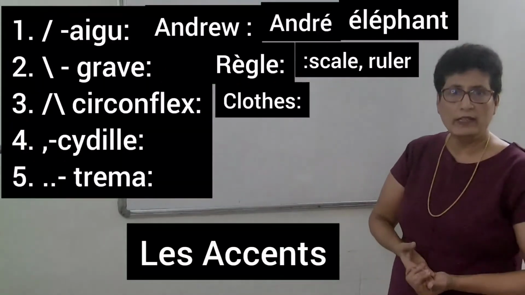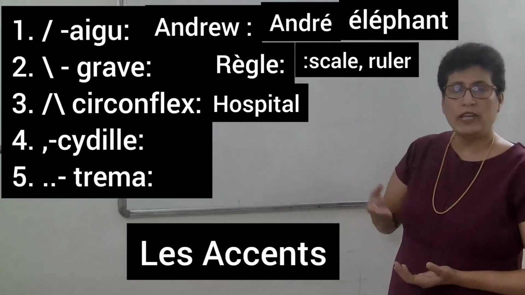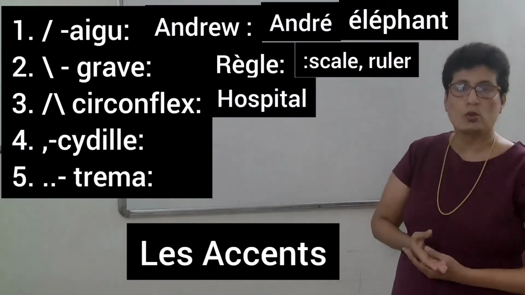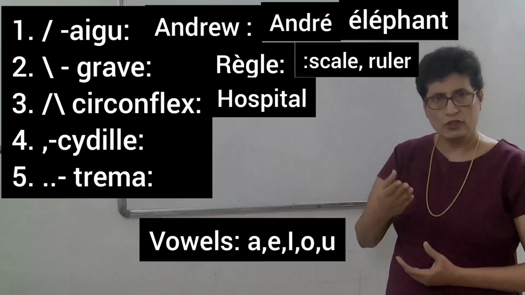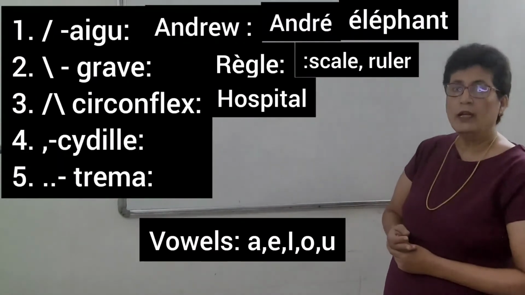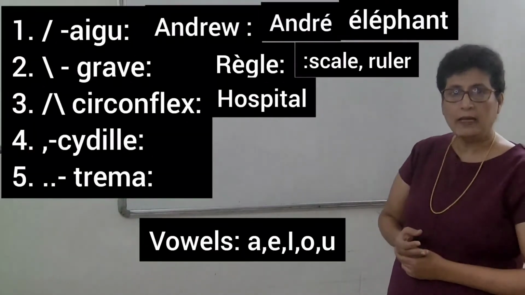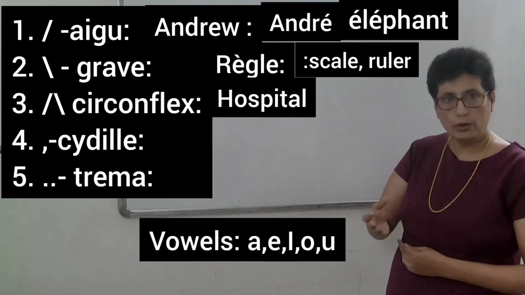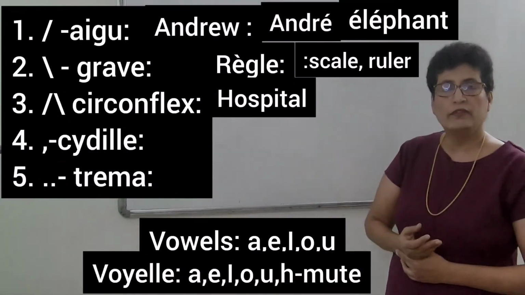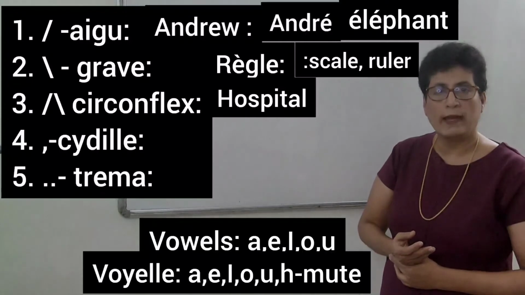I've put another word. Now when I read this word, I want to first go to the vowels. Do we know the vowels in English? Yes, the vowels in English are A, E, I, O, U. The word for vowel in French is voyelle.